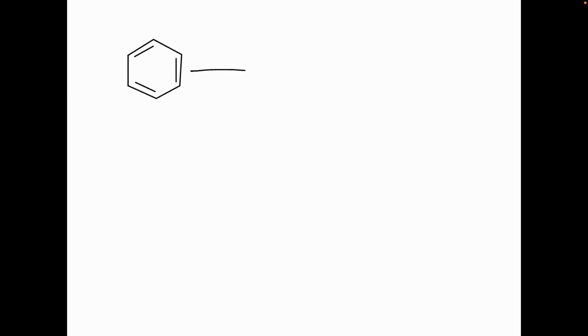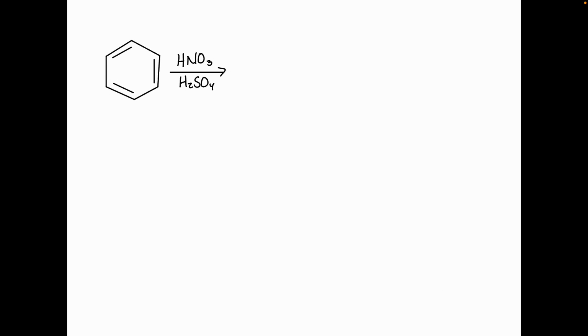All right, and first I'm going to treat it with nitric acid and sulfuric acid, and then in a second step I'm going to treat it with chlorine and aluminum chloride. All right, and I want you to tell me what my products of these would be.